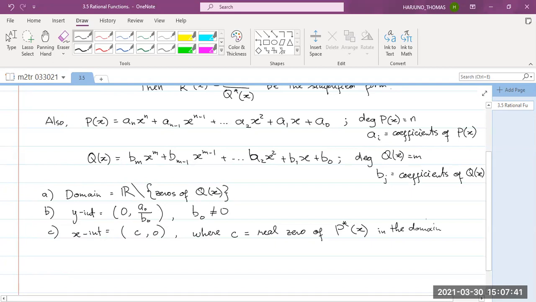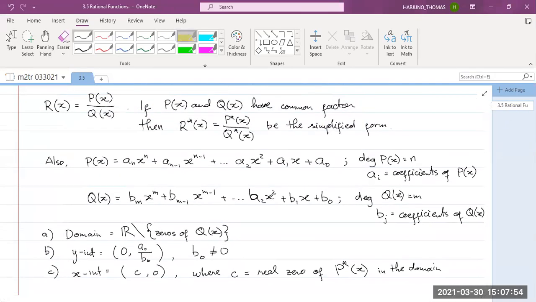Yeah, so you will see later on, of course, we do problems regarding this. But what I meant by the real 0 of P star x is the simplified form. The 0 of the numerator of the simplified form, but it still has to be in the domain.